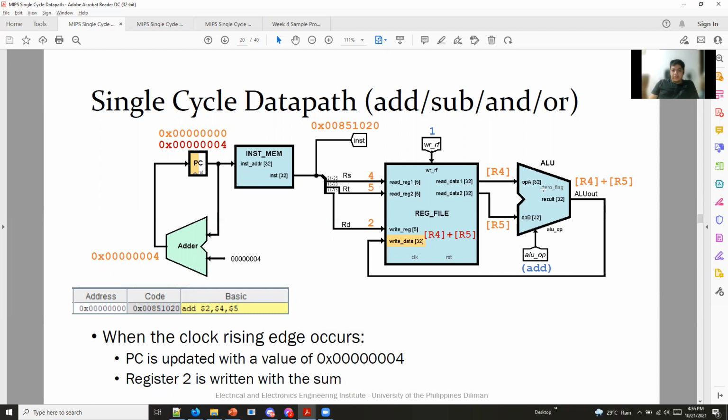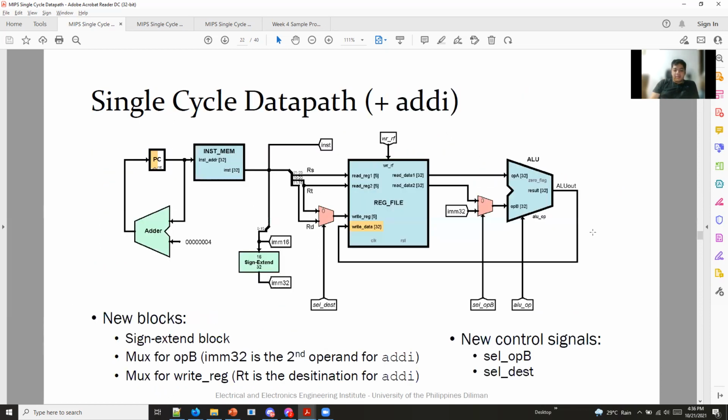So yung mga operations na yan, approximately nasa loob lang sila ng ALU. Kung gusto natin magdagdag ng iba pang instructions, dumadagdag na. Pag may immediate, meron tayong sign extend para pag nag-add tayo, 32 bits. So yung 32-bit extended na immediate, siya yung papasok dito tapos magdadagdag tayo ng multiplexer para mamili kung saan siya isusulat.